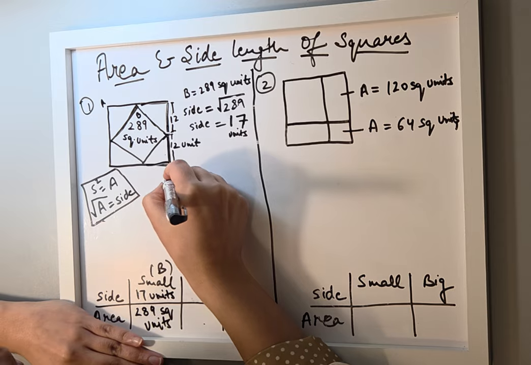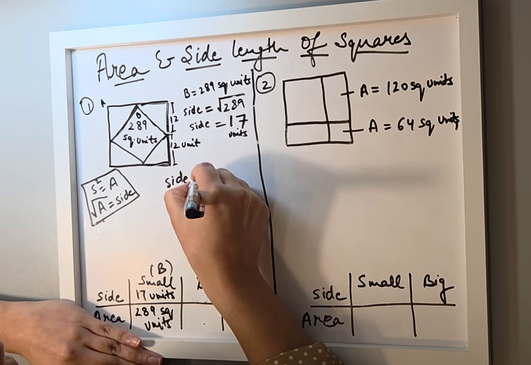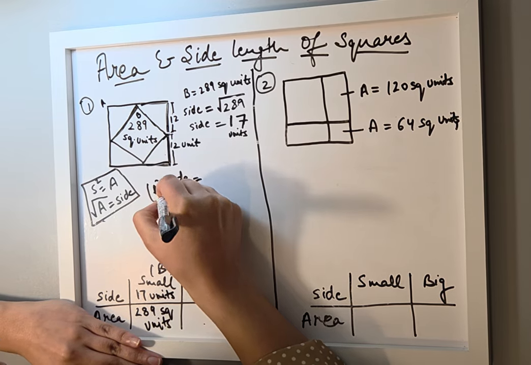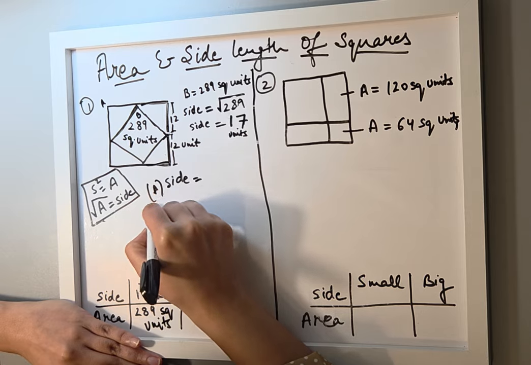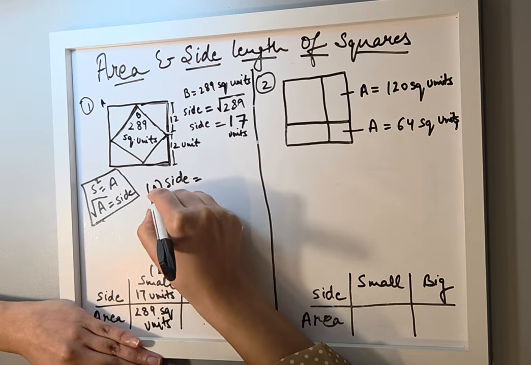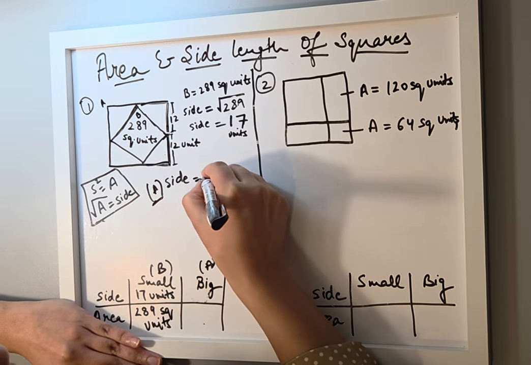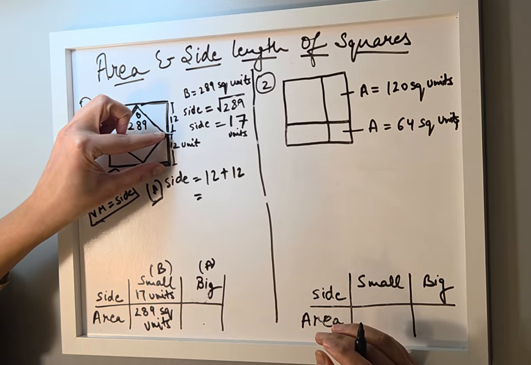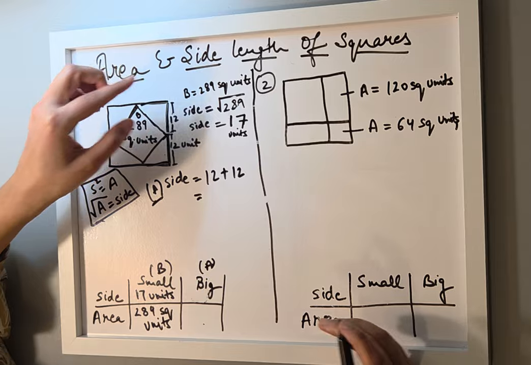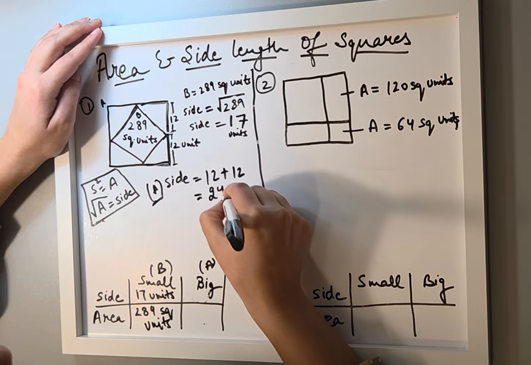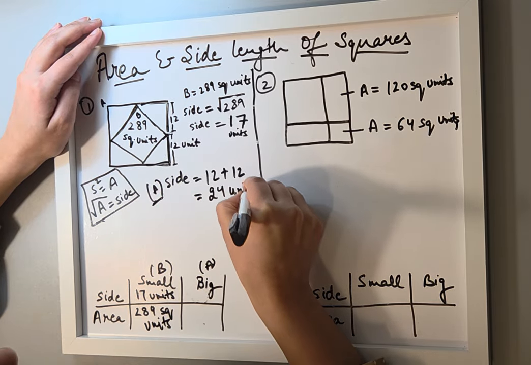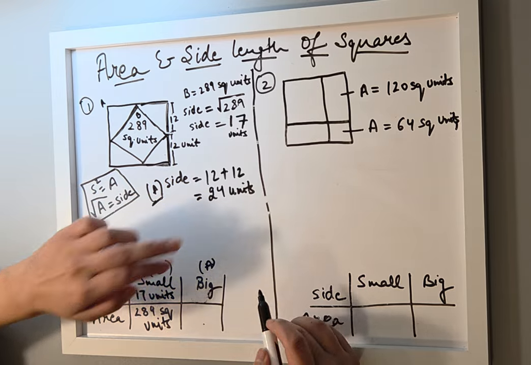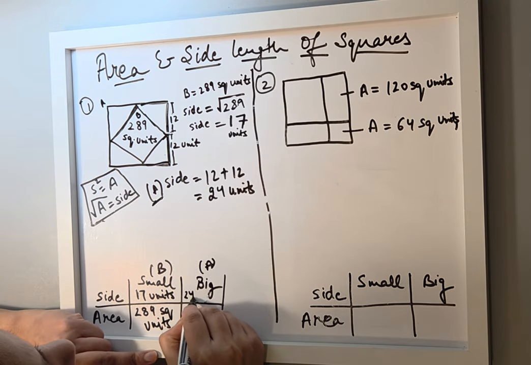So what will be the total side of the big square A? It will be 12 plus 12, 24 units.